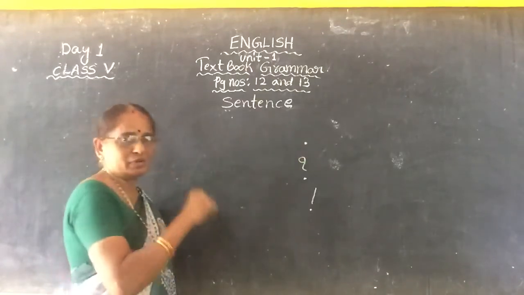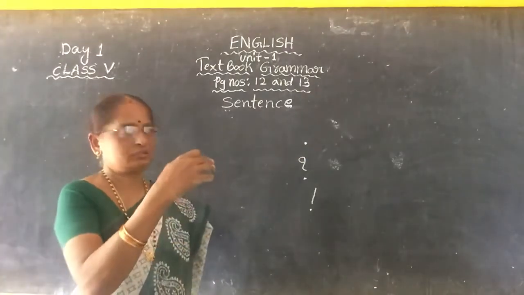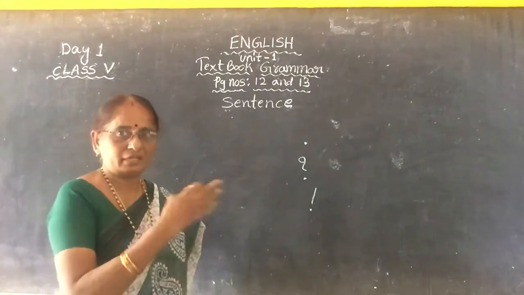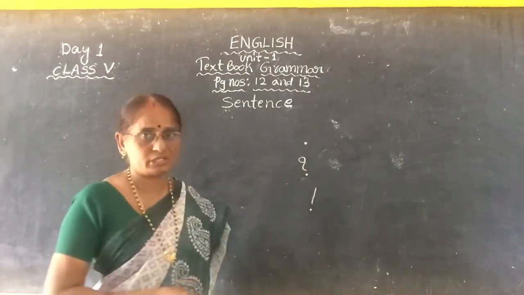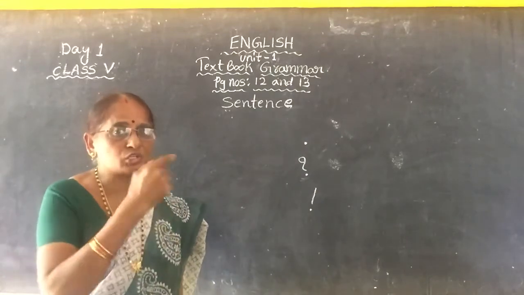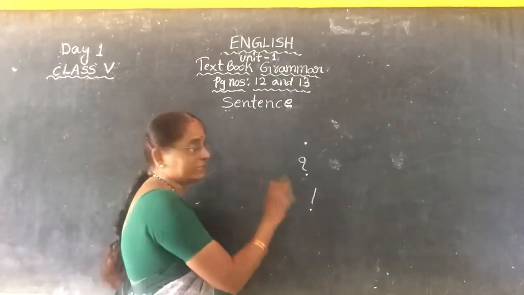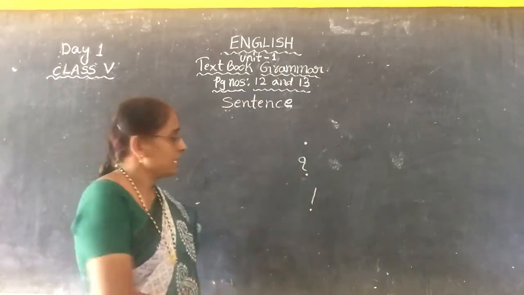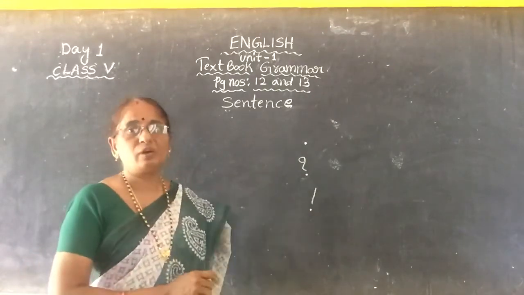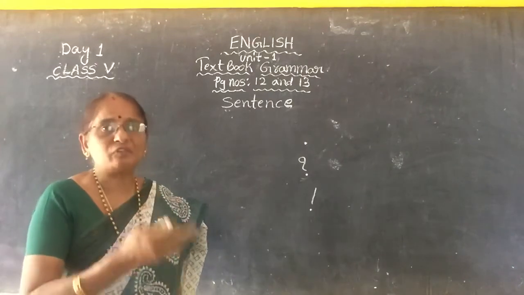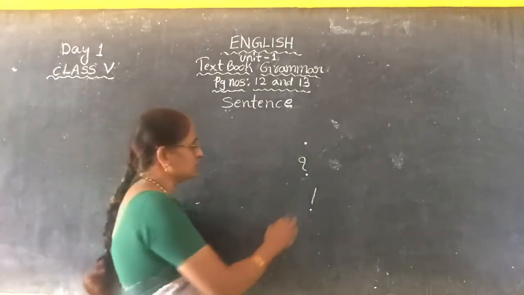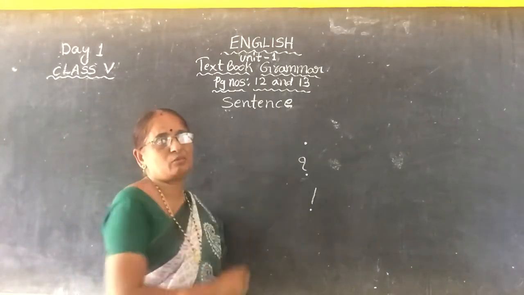Full stop: you are declaring the sentence, telling something to others. Question mark: you are asking questions to others, then you have to end that sentence with a question mark. Exclamation mark: you are expressing sudden feelings. Those types of sentences must end with an exclamation mark, children.